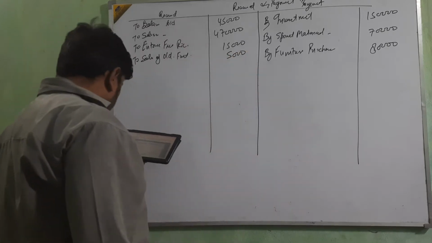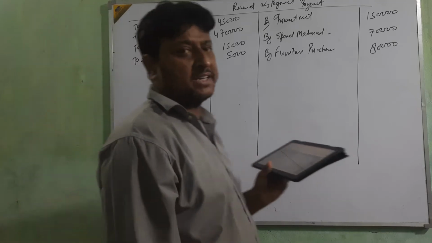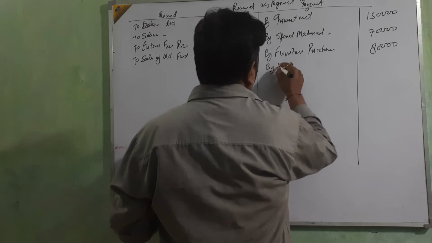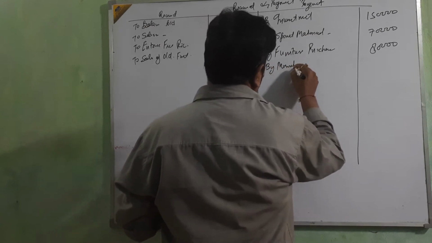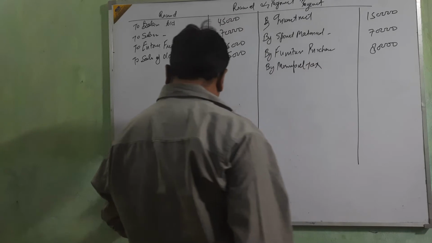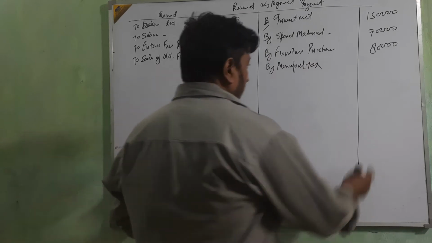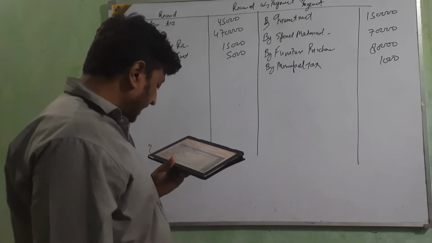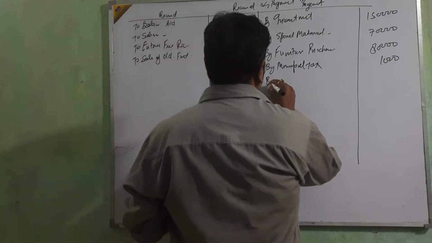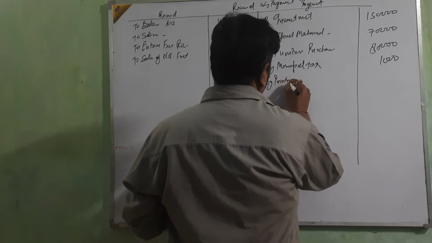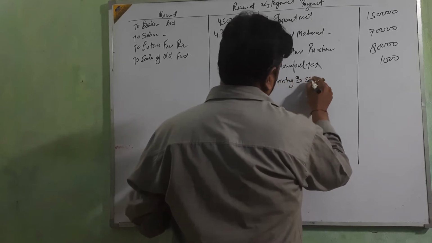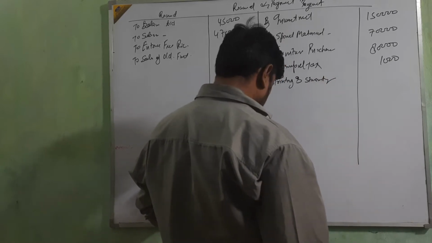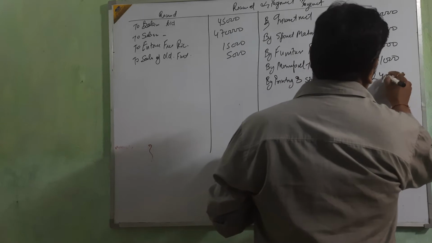After that, municipal tax. Municipal tax you pay, so it goes on the payment side: by municipal tax, amount 1,000. Expense 1,000. Then printing and stationery, again the same side, amount 24,000.